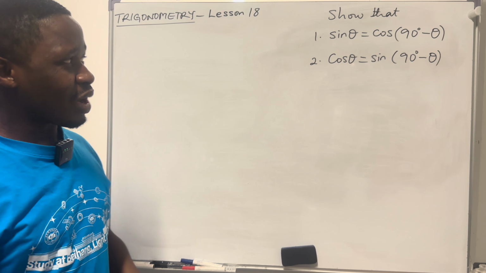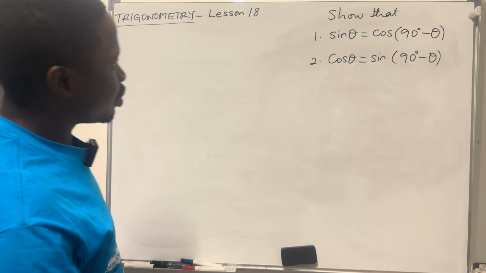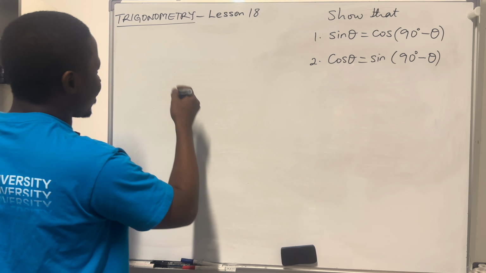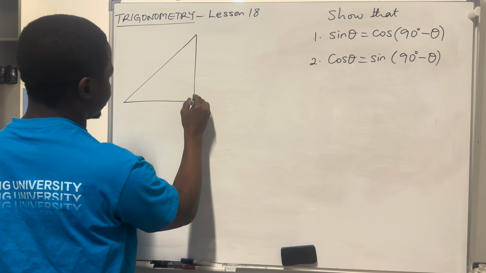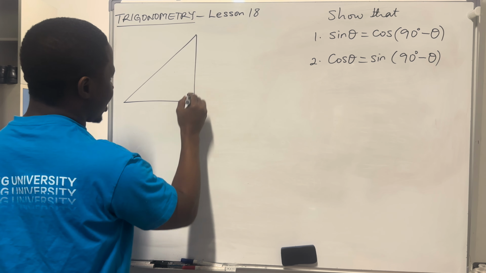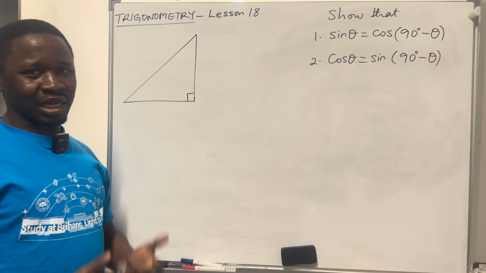But the angle has to be in a right angle triangle, so because of this, we want to prove it. Let us have a right angle triangle, a triangle with one angle exactly 90 degrees.